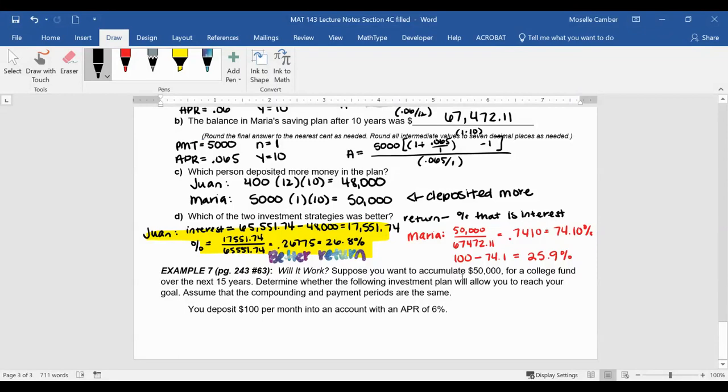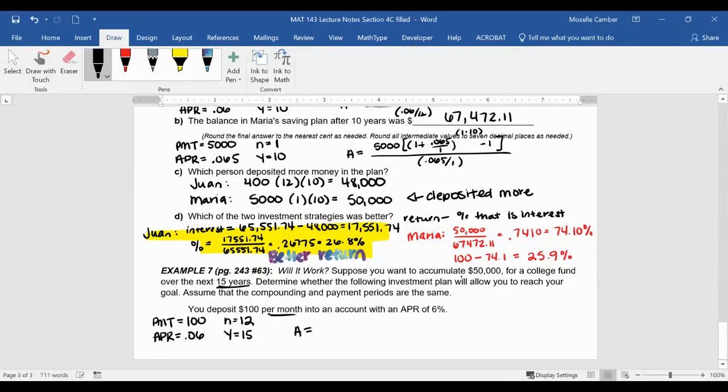So we're depositing $100 per month, which tells us it's a savings plan. So our payment is $100 per month, so my N is going to be 12. My APR is 0.06, and my Y is, let's see, we're going to college fund over the next 15 years, so our Y is 15.